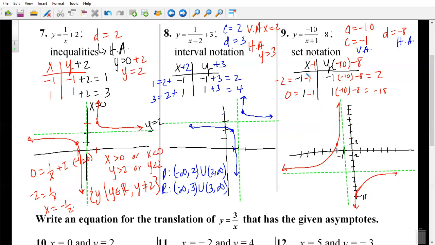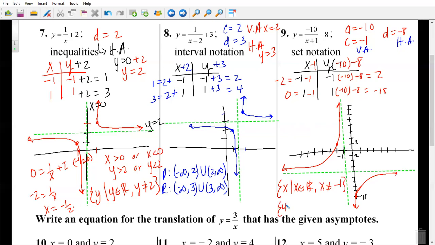All right, so set notation for this. Writing my domain in set notation would be braces x such that x is all real numbers, but x cannot equal what? -1.